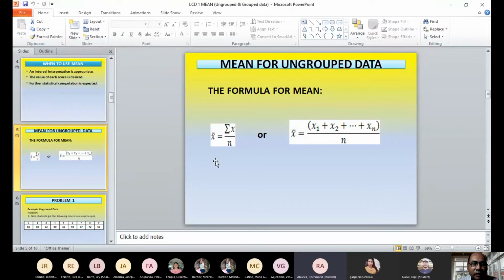So, in talking about the mean, since there are two symbols, barred X or X bar is what you call the sample mean, while mu is the population mean.